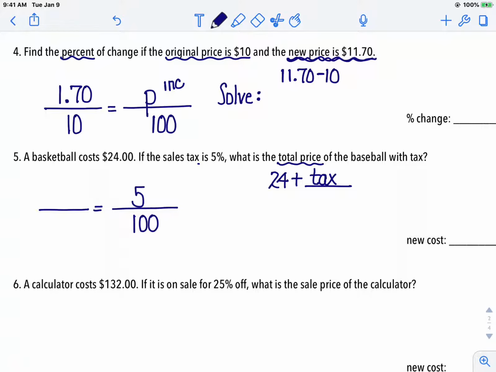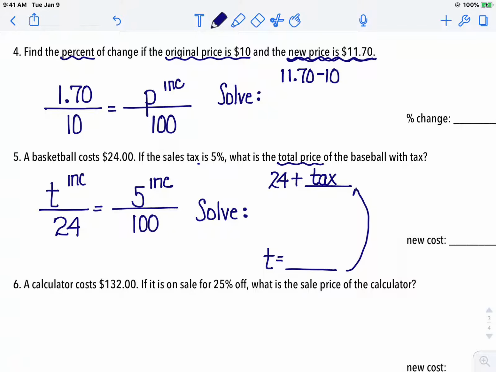We don't know how much that increases, so I'm going to call this T and say that that's an increase amount, just like the 5 is an increase percentage, and then put that over my original amount of 24. When you solve this and get that tax amount, that's not your final answer. You'll get a tax amount. Then make sure you go back up so that you can calculate the new cost with the tax.